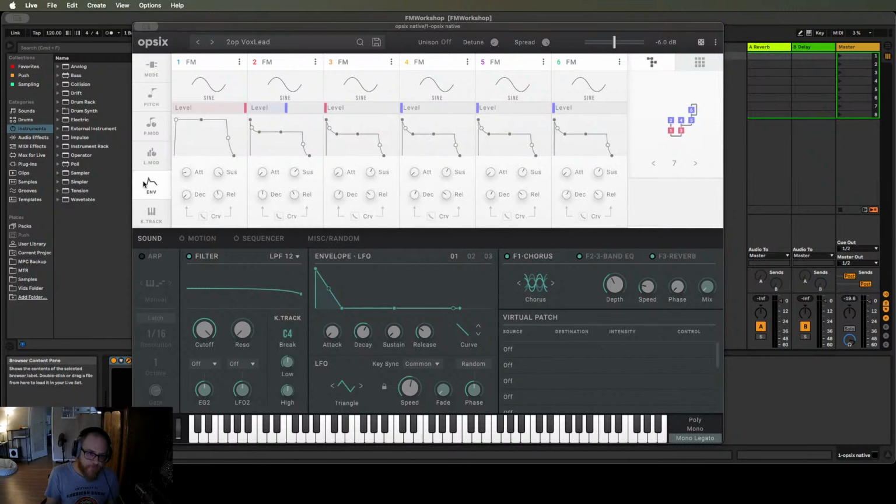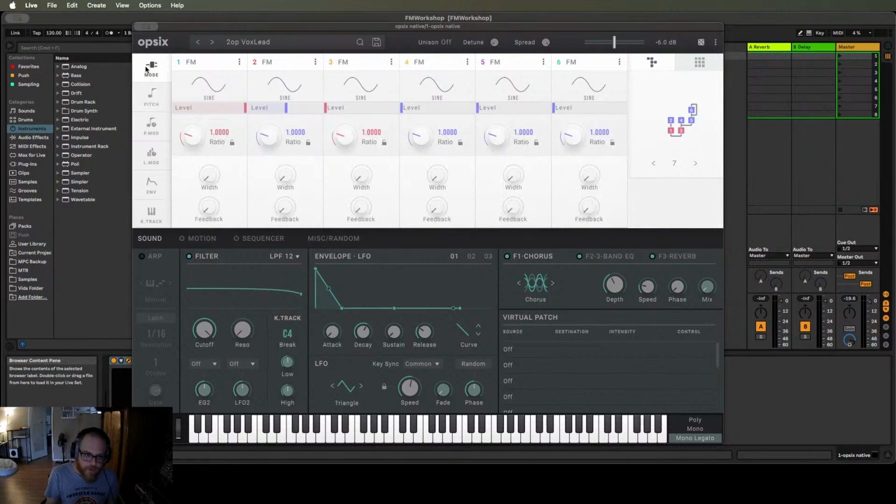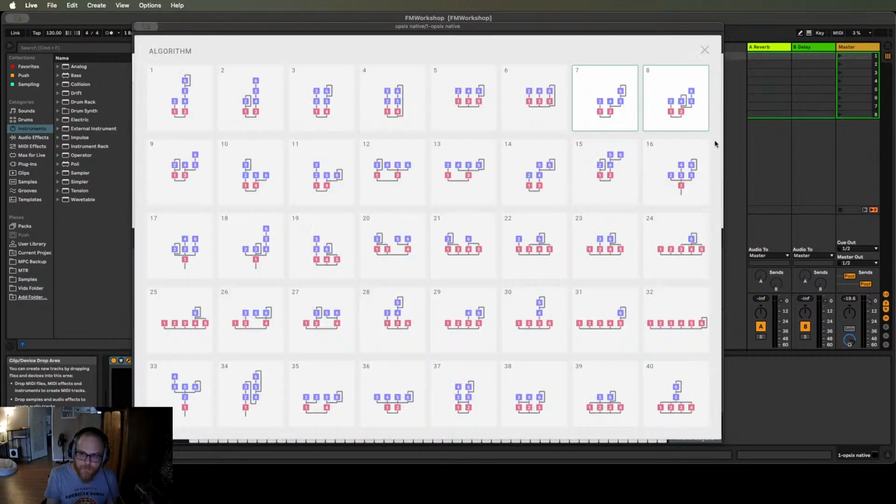All right. So now we're going to jump to algorithms. We did everything with two operators last time, and algorithms are how you bring in the other operators.